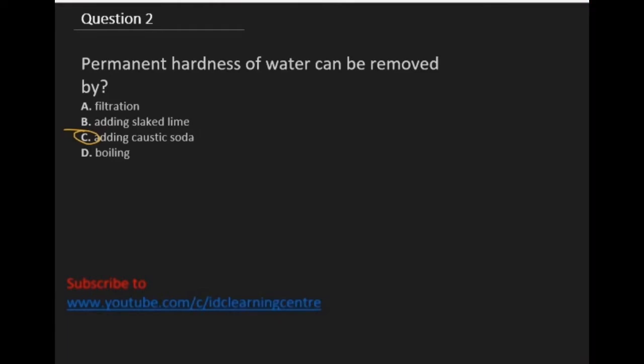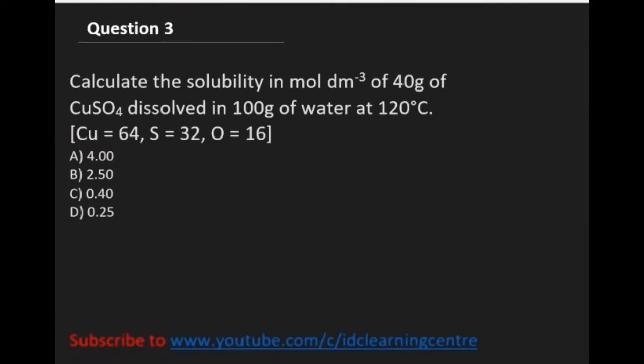Okay, we move further. Question number 3. It says, calculate the solubility in mole per dm cube of 40 grams of copper 2 tetraoxosulphate 6 dissolved in 100 grams of water at 120 degrees C. The relative atomic masses of copper, sulfur, and oxygen have been given to us.